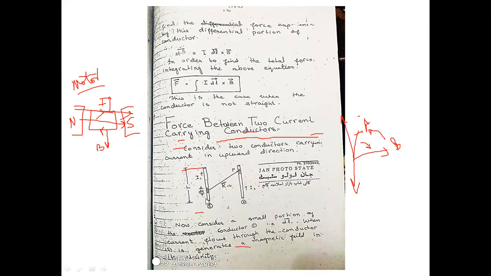The current in conductor 1 is I1, and the current in conductor 2 is I2. Remember, we are assuming that the current in both of these will be in the upward direction, meaning the same direction. R12 is the position vector from the source to the point of observation. Conductor 1 is acting as the source, and conductor 2 is acting as the point of observation. Now consider a small portion of conductor 1, that is dl1.